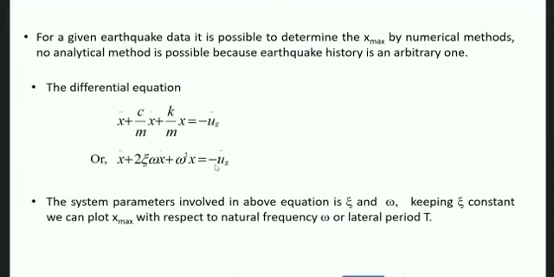And then if we can have a plot of, say, x max for different values of omega, or otherwise speaking different values of lateral period T, and if we can produce some handy curves, then possibly we'll be able to get x max, or otherwise speaking the maximum response. So that was the attempt which was made.